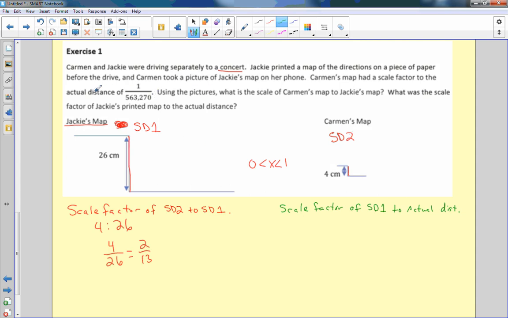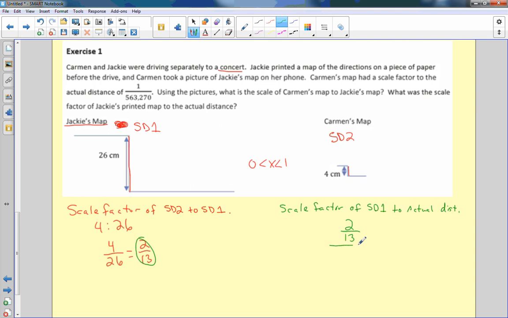Carmen's map has a scale factor of actual distance 1 to 563,270, and from Carmen's map to Jackie's map is 2 to 13. So the scale factor of SD1, scale drawing 1, is this value here, 2 divided by 13.